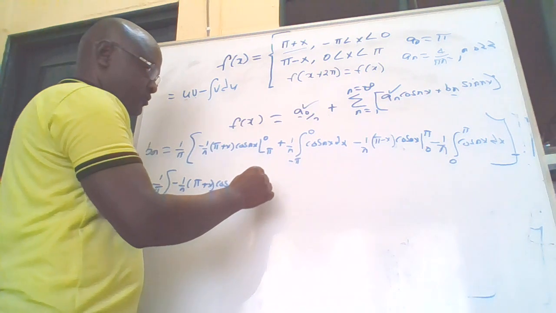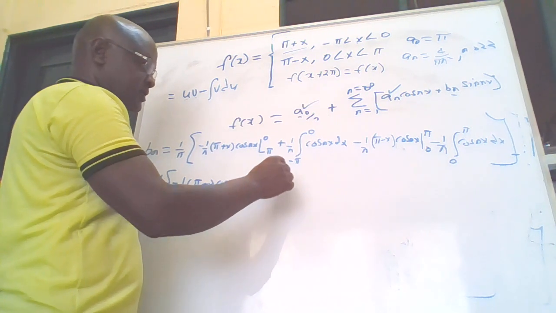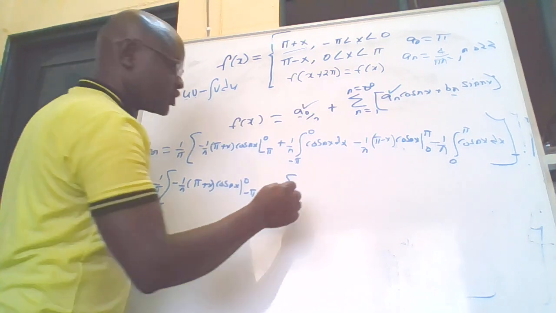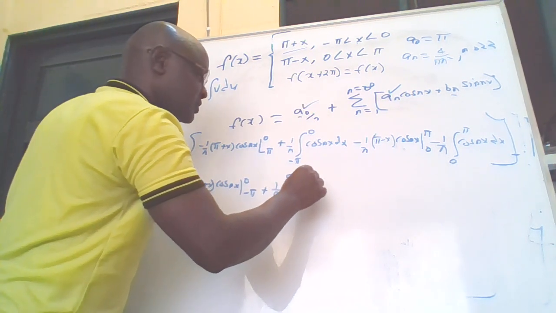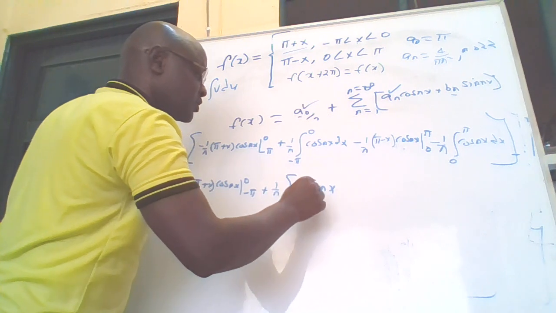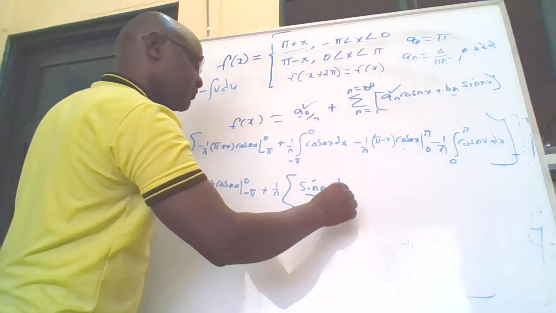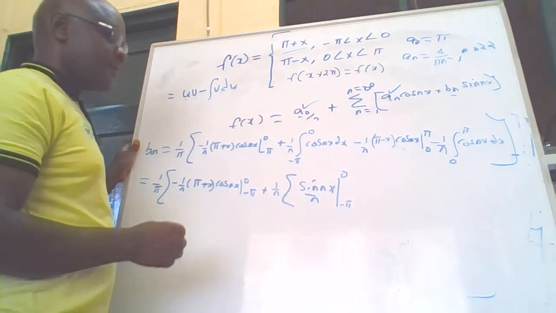So we have plus 1 over n, sine nx all over n, and then we have the range, negative pi to 0.